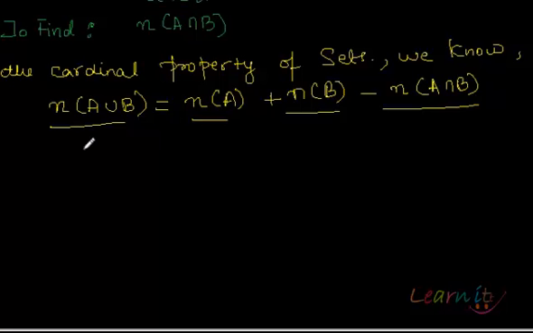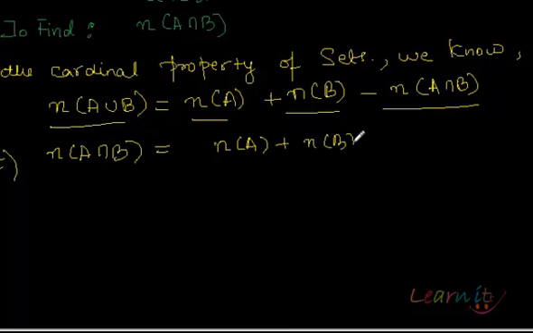This equation can be rewritten as n(A intersection B) equals n(A) plus n(B) minus n(A union B).